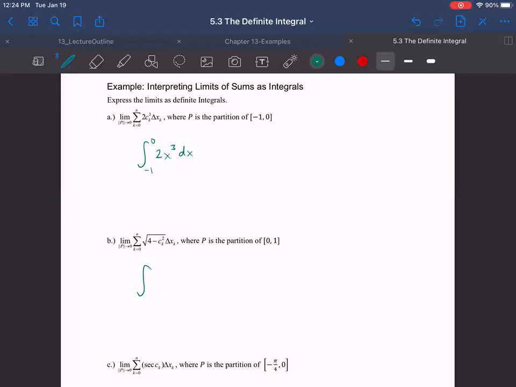Which is which? The one's on top. Okay, so we say 0 to 1 that way. And then what? Square root of 4 minus x squared. And then what? dx. And then what?